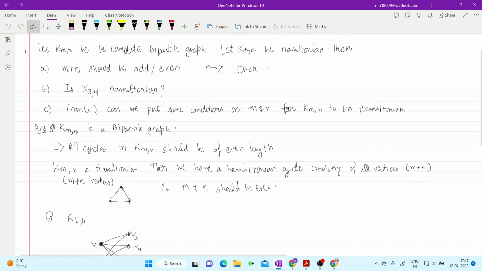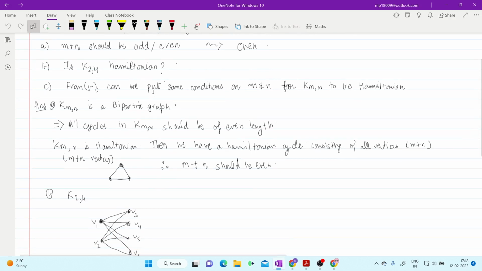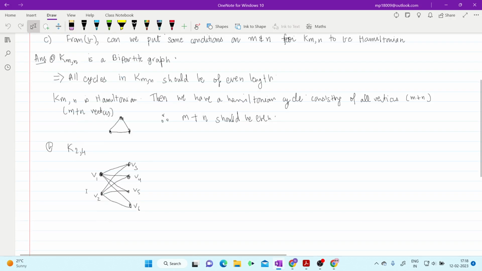But we haven't shown that if m plus n is even, then Kmn should be Hamiltonian, right? So we cannot conclude this from part A. If this is Hamiltonian, we'll have to find a Hamiltonian cycle, or conclude it in some different manner. Do you understand why we can't conclude from part A? So for this question we can't use part A.